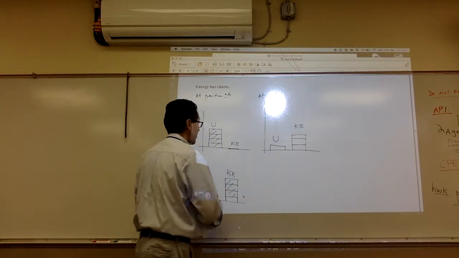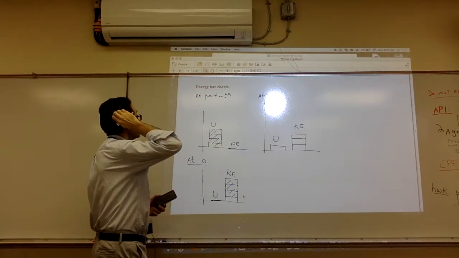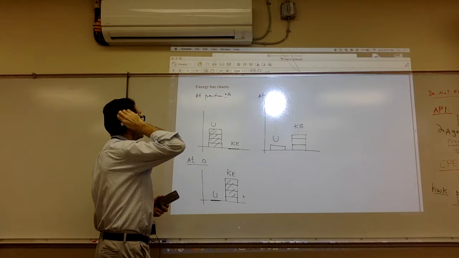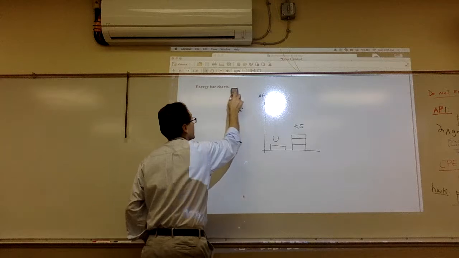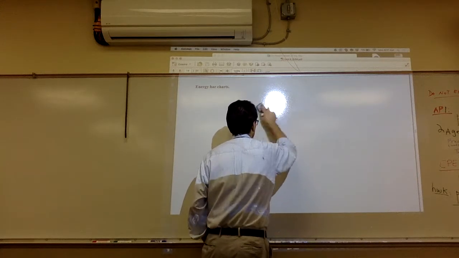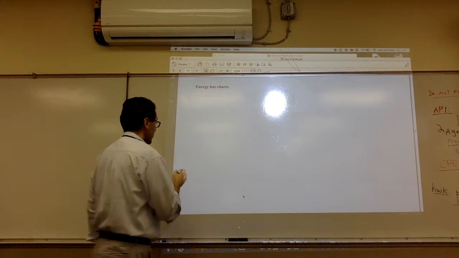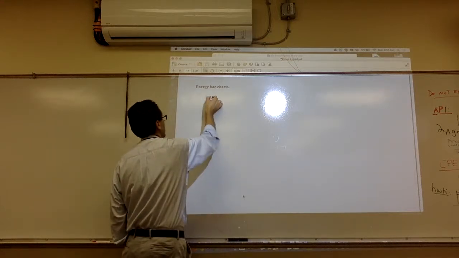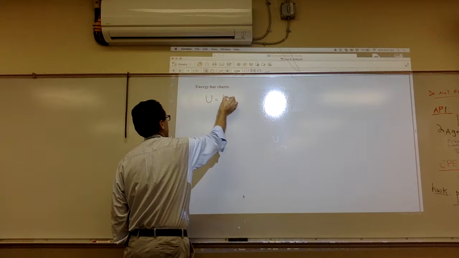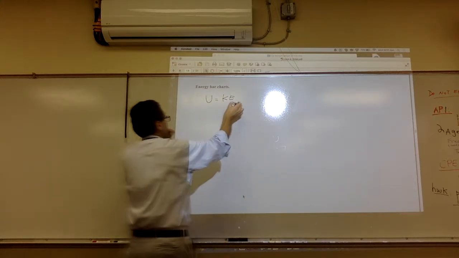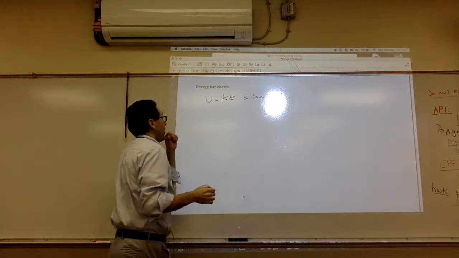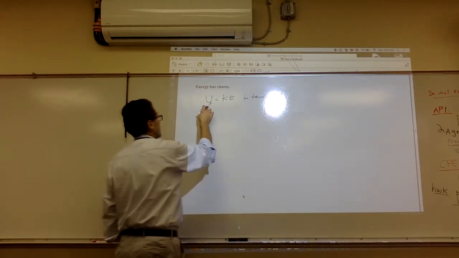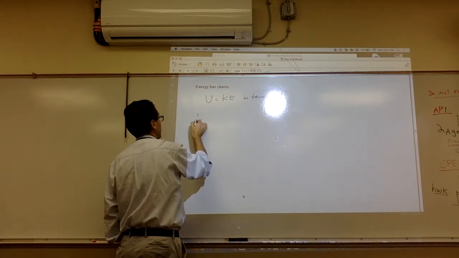Now let's try a location where U is equal to kinetic energy, in terms of A. So at this location, I have 1/2 k x squared, and I'm going to find the x here.